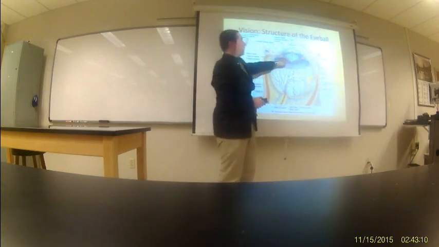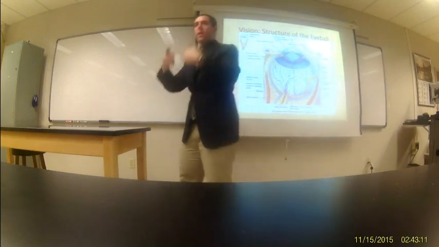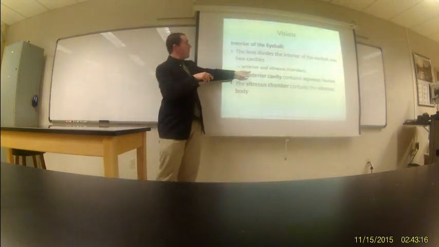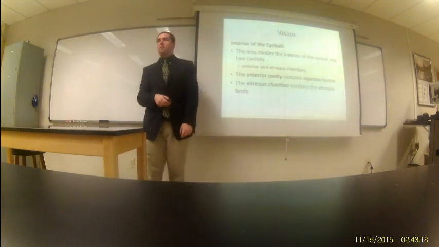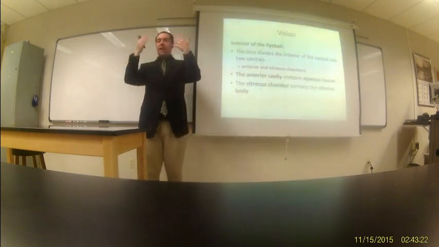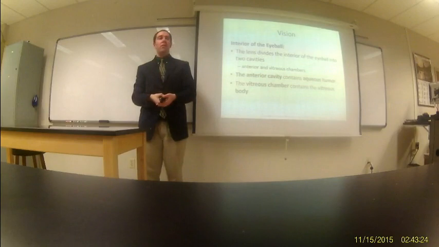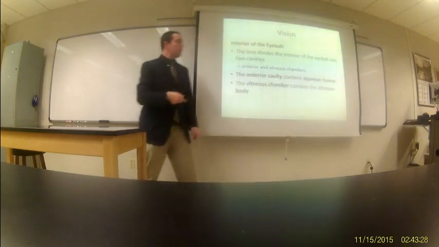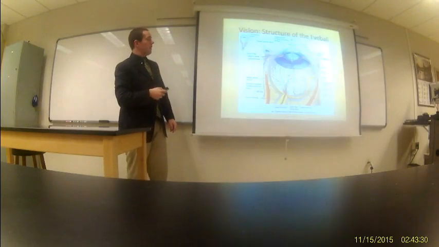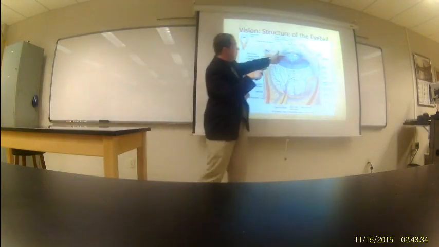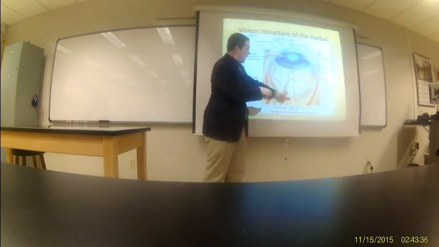The lens is going to be the dividing point between the anterior and the vitreous chambers or cavities. Same thing. In front is anterior. That's easy to remember. Anterior is front. Unfortunately, in the back, it's not posterior. It's vitreous chamber. That is this whole area back here, between the lens and the retina.